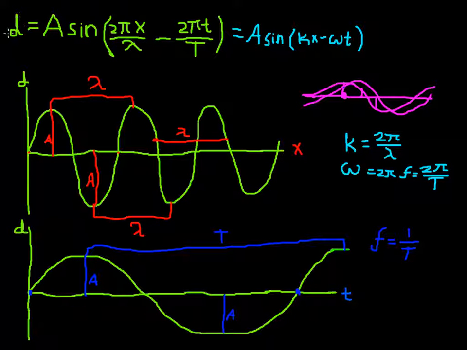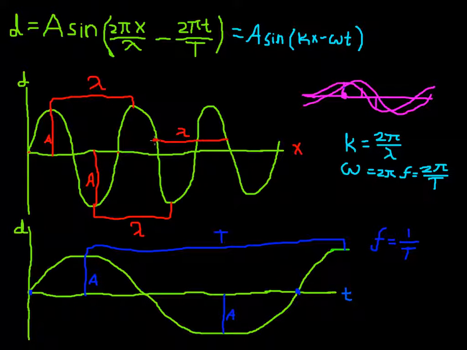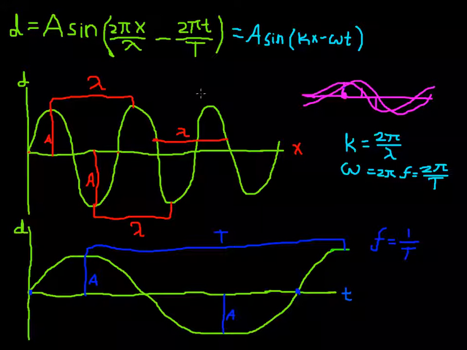So first, d is going to be measured in meters. It has the dimensions of length. Amplitude is going to have the dimension of length. It's the maximum displacement, and you can see that because it is parallel to this axis. This is a length here. Lambda is going to be measured in meters. This is a length, parallel to x, because x is also measured in meters.